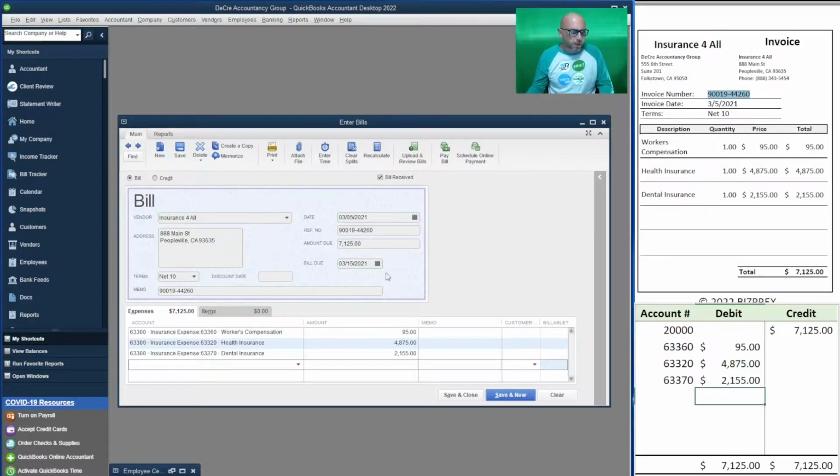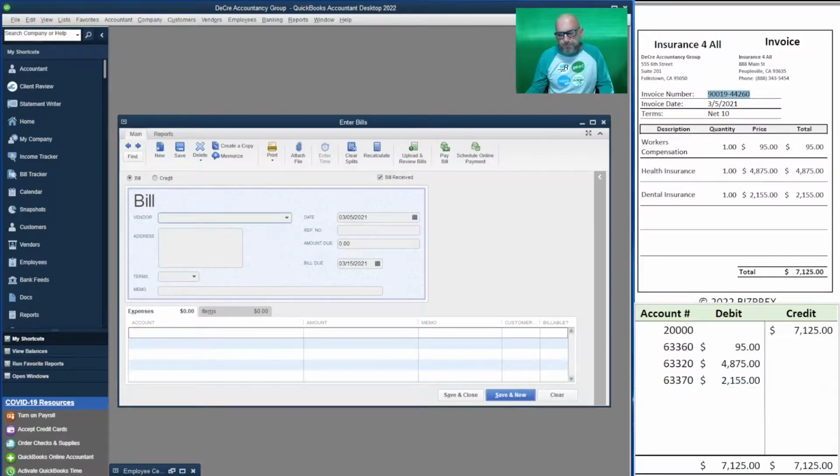Debits and credits are in balance. Each one of these is a debit to the corresponding account: 63,370, 63,320, 63,360, and then this is a credit to 20,000, which is not shown here.